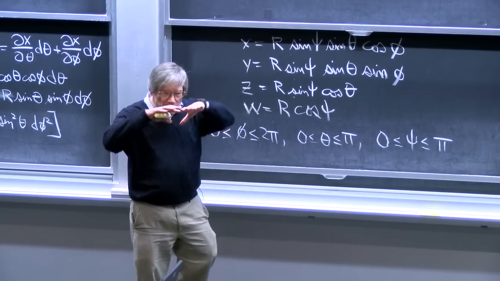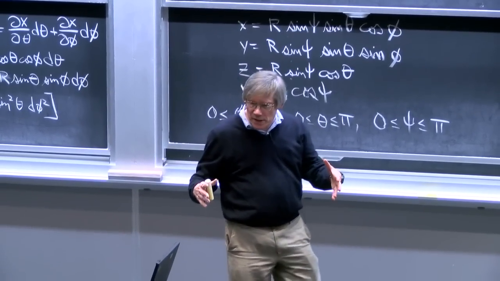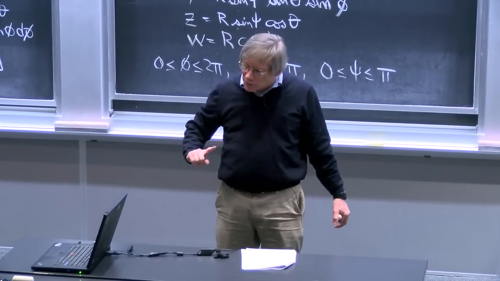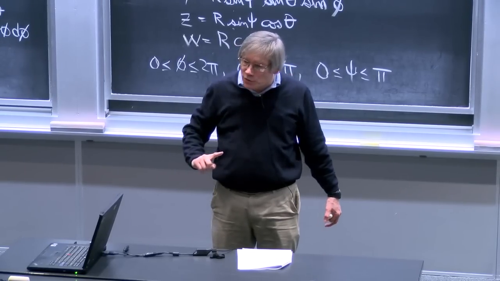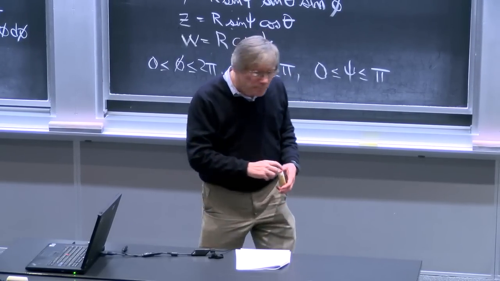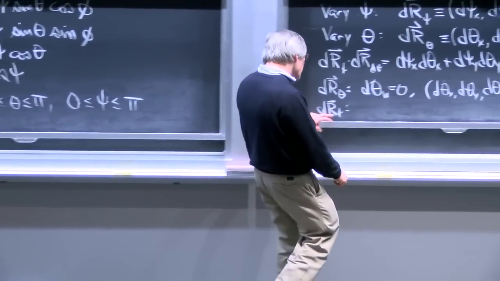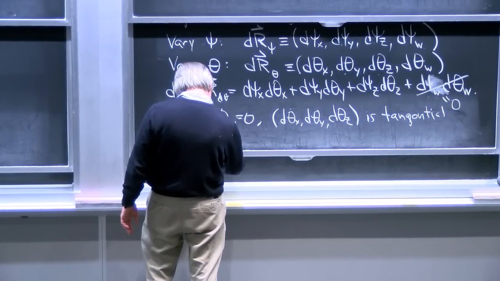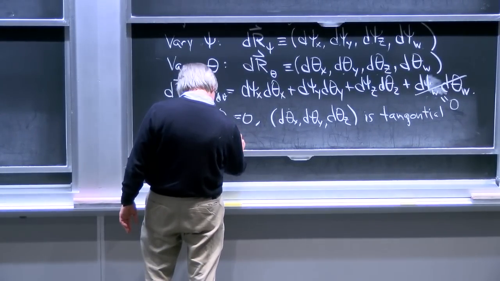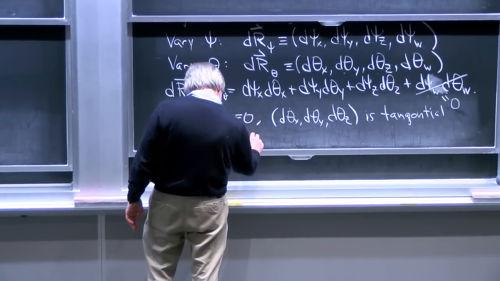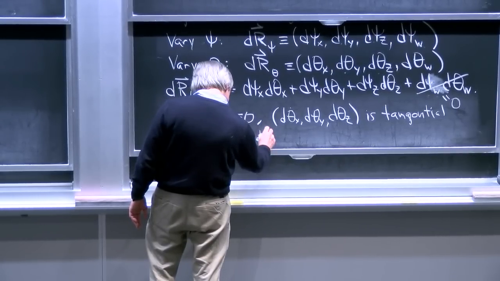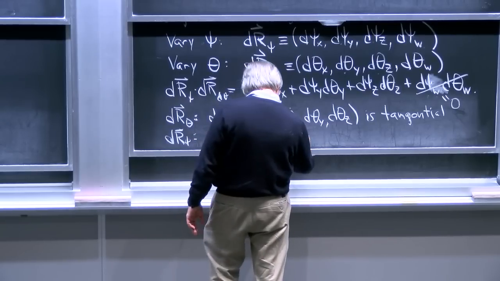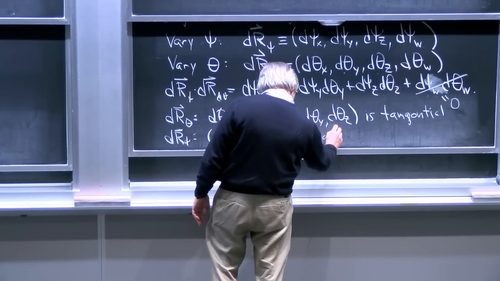And what that means is that if you think of this geometrically in the x, y, z space, varying psi moves the point only in the radial direction. If you multiply all the coordinates by a constant, you're just moving in the radial direction. So dr psi has the property that when we look at only its x, y, and z components, d psi x, d psi y, d psi z, it is radial in the three-dimensional subspace.